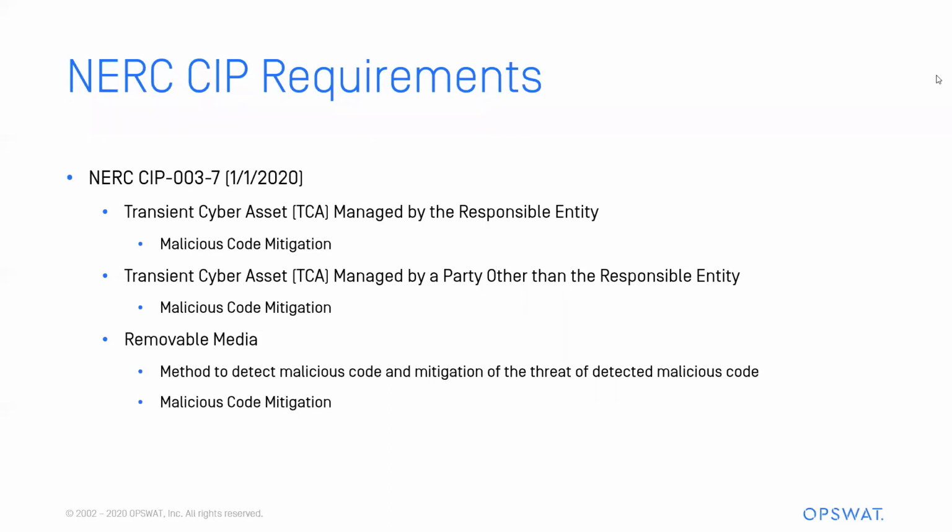Again, I'll get into the formal NERC definitions, but they're basically temporarily installed devices that perform diagnostics, updates, and even sometimes vulnerability assessments. So basically a form of a computer that's tied to a BES cyber system for less than a 30-day period.